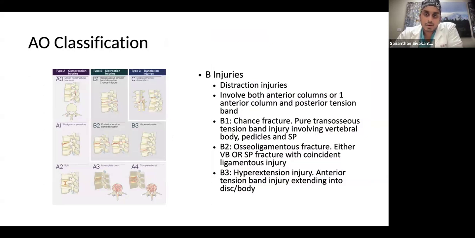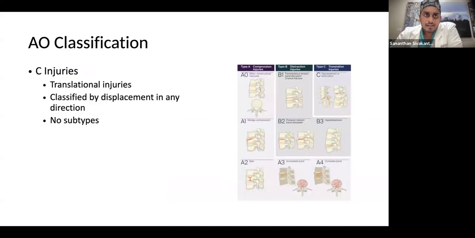And finally, B3 are your hyperextension injuries with anterior tension band injuries extending into the disc and body. Finally, your C-type injuries are your translational injuries, again similar to the cervical spine, classified by displacement in any direction. And these, again, are highly destabilizing and surgical injuries.